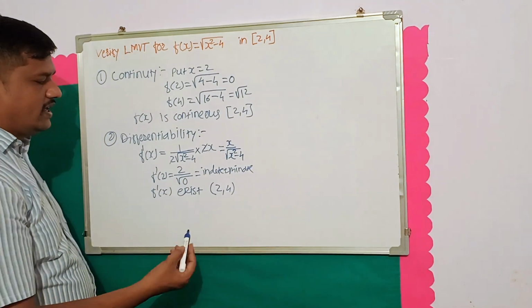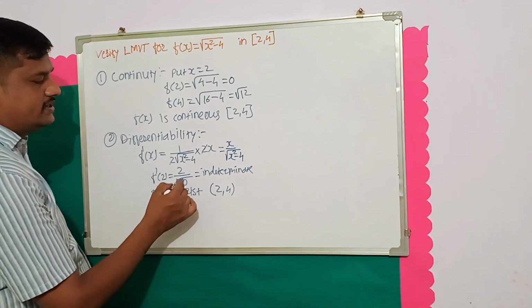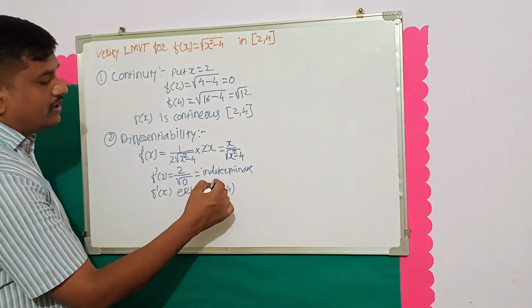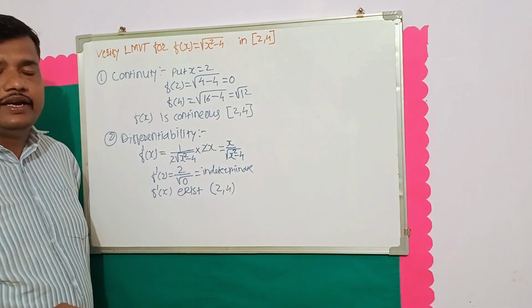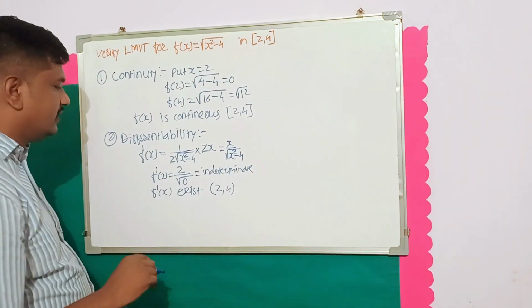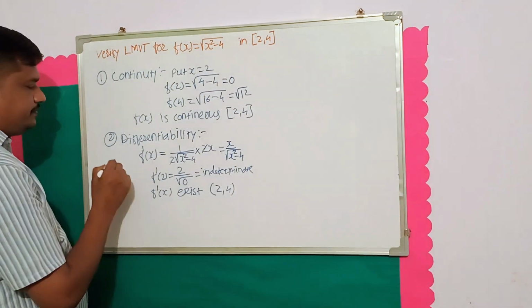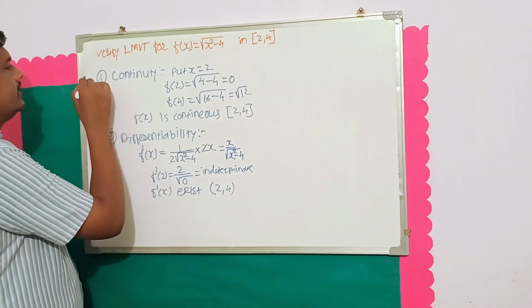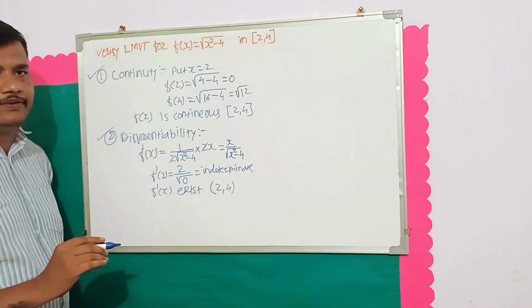So as you can see clearly, for 2 it is indeterminate, but for any number greater than 2 it is not an indeterminate form. So from this we can say that the given function is differentiable as well as continuous.